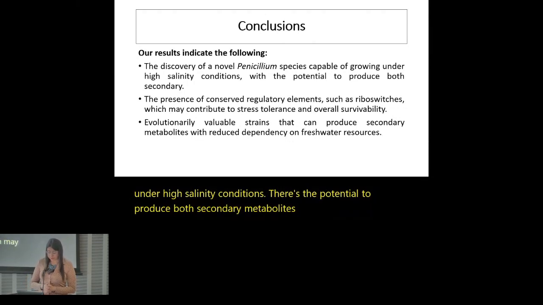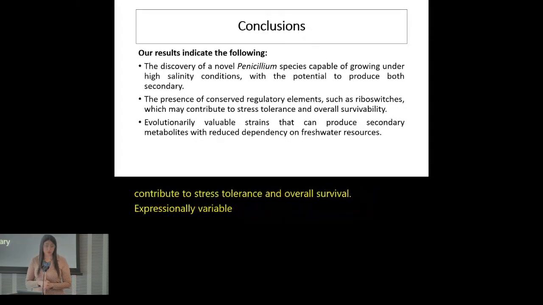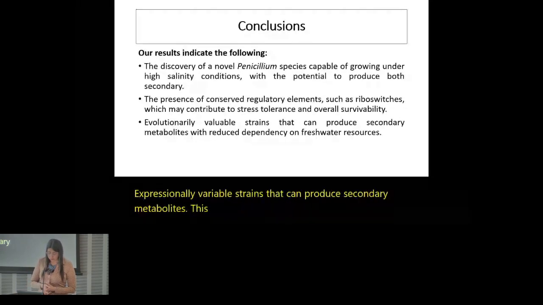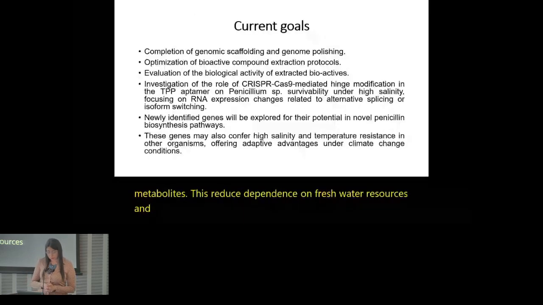Expressionally variable strains that can produce secondary metabolites, reducing dependence on fresh water resources. And current goals are to explore newly identified genes for their potential in novel penicillin biosynthesis pathways, particularly under high salinity and high temperature.